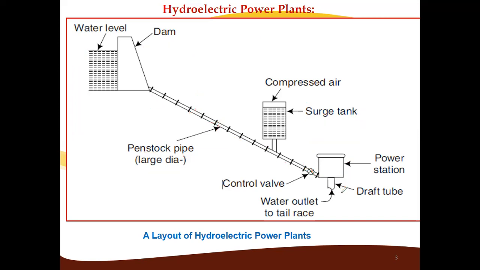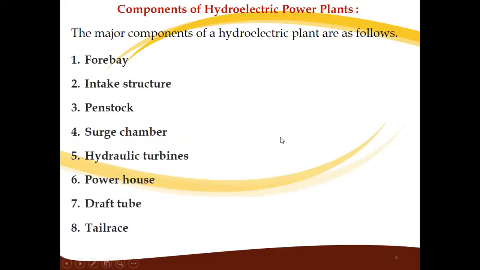Now we'll see the different parts of this hydroelectric power plant. The parts or components of this hydroelectric power plant are: the first part is the forebay. Second part is the intake structure.